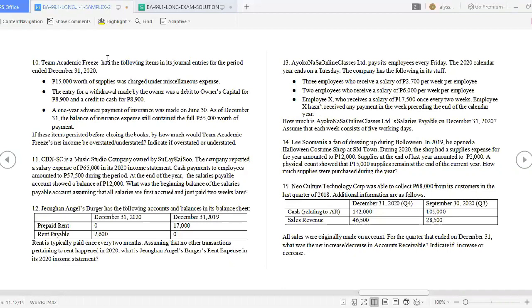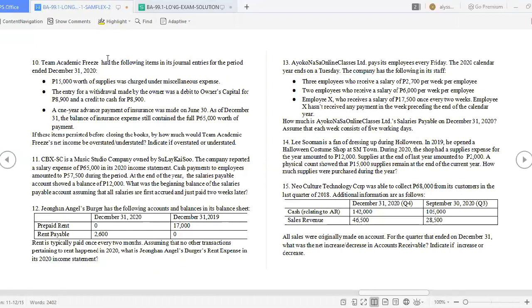Next, 1 year advance payment for insurance was made on June 30. So as of December 31, the balance of insurance expense still contained the full 65,000 worth of pay. So if these items persisted before closing the books, how much would Team Academic Freeze net income be overstated or understated?